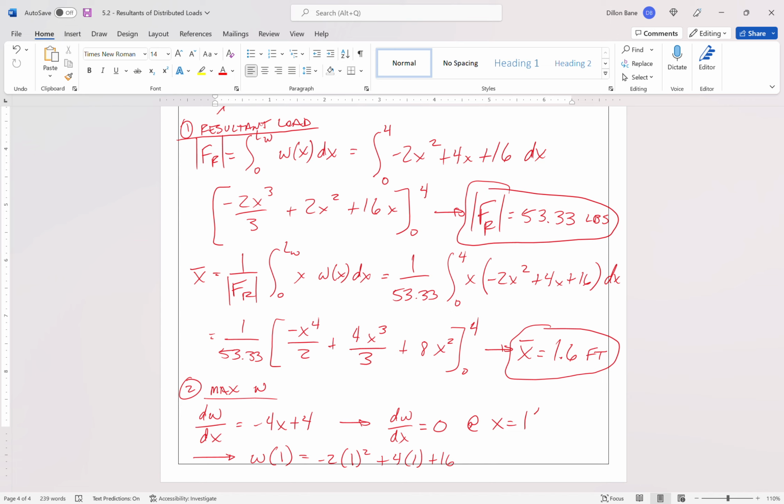And what we find out then is that our maximum intensity here is 18 pounds per foot. Use some critical thinking there to figure that one out.